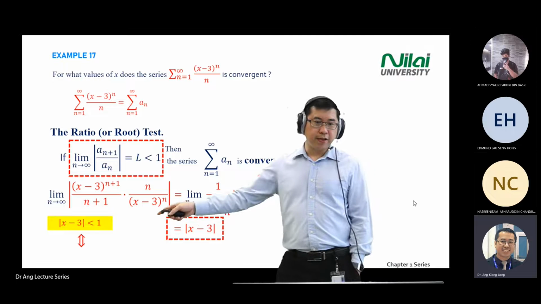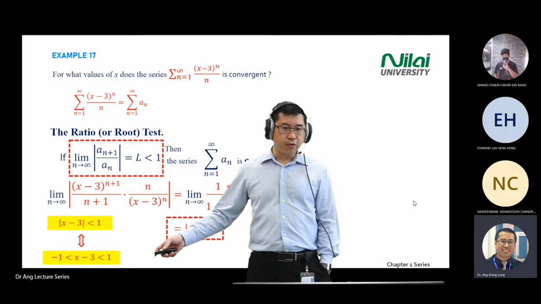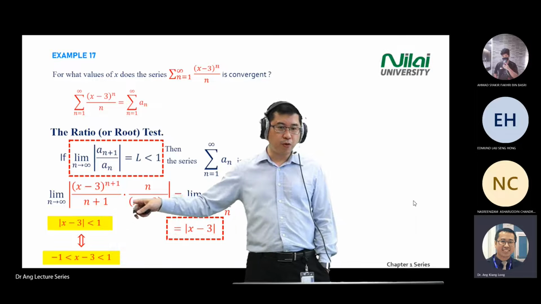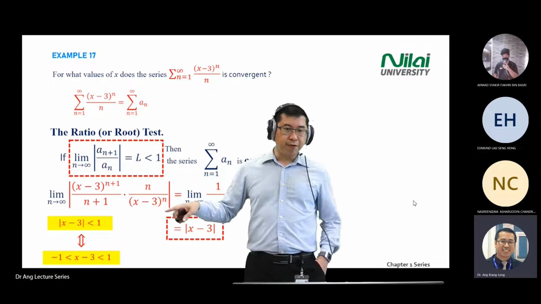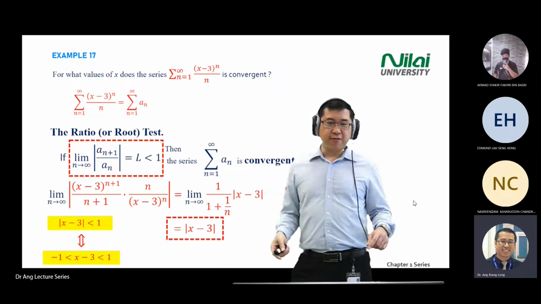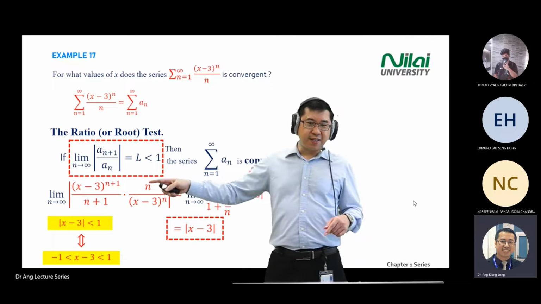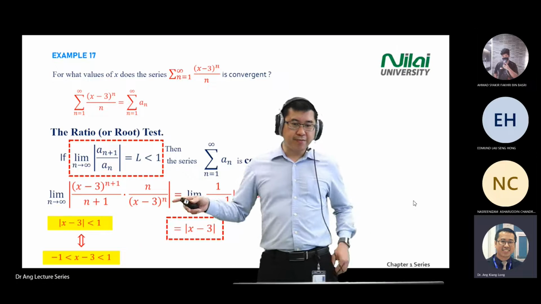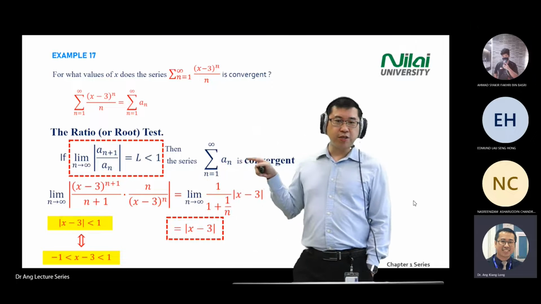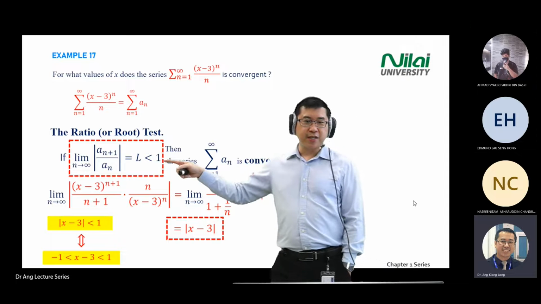So you rewrite, you remove the goalpost, you get the range between minus 1 and 1. It always follows the number. If the goalpost is less than 2, it means it's between minus 2 and 2. Anyway, this one is standard already because you are using the root test. You always need L less than 1.